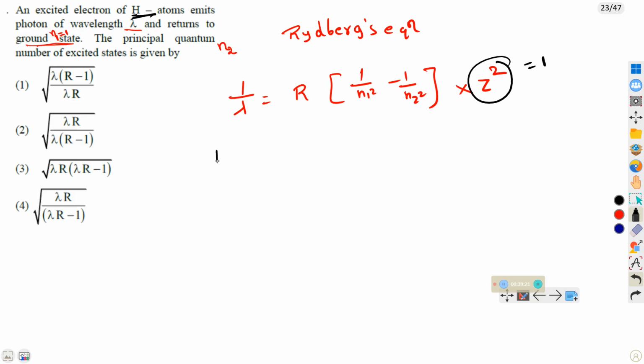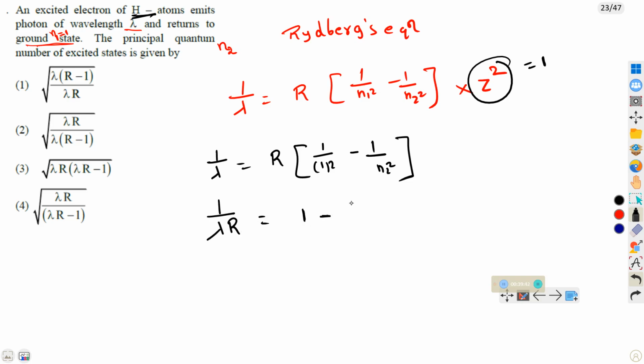Now 1 by lambda is equals to R into, n1 value is given as 1, 1 by 1 whole square minus 1 by n2 square. Simplify. Now 1 by lambda R is equals to 1 minus 1 by n2 square. Then 1 by n2 square is equals to 1 minus 1 by lambda R.